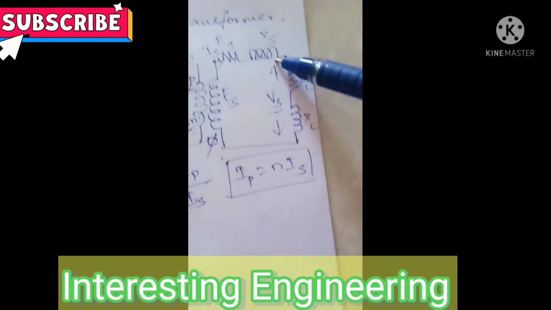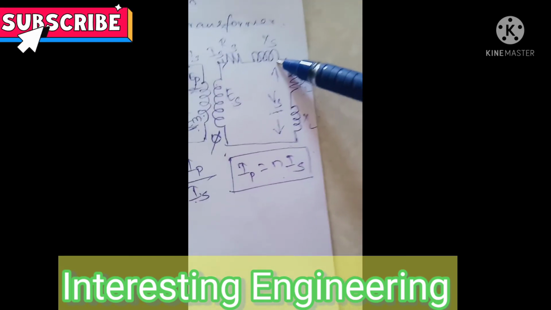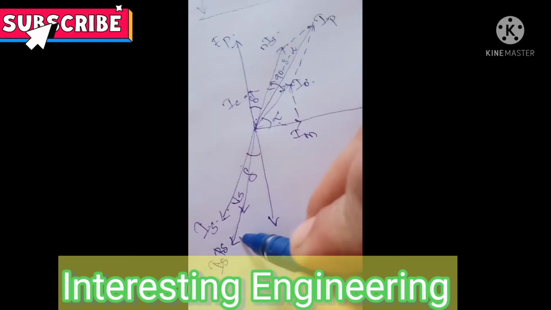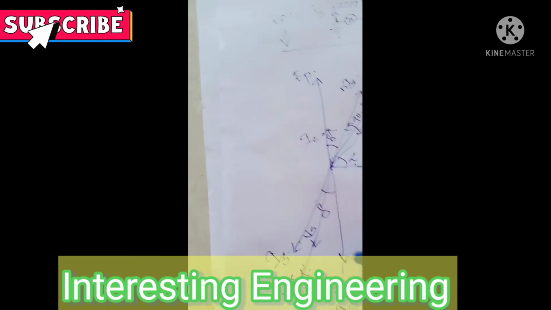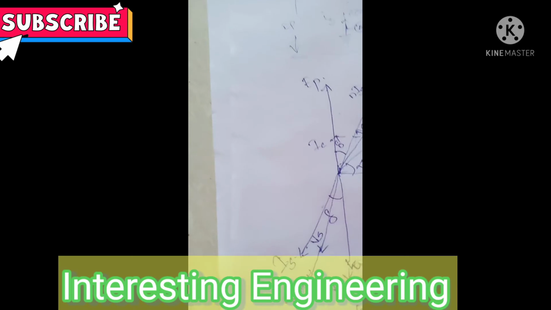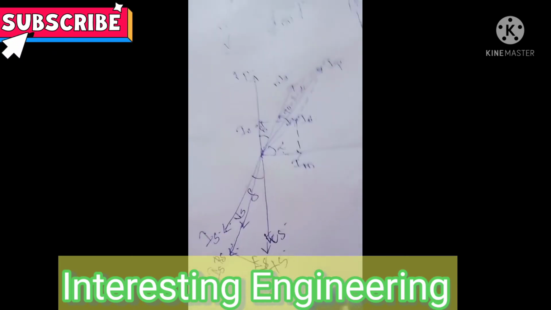So since this is through an inductor, there will be a phase difference of 90 degrees. So this ISRS is in phase and ISXs will be here. ISXs, when we join these, we have ES. So this is our phasor diagram.